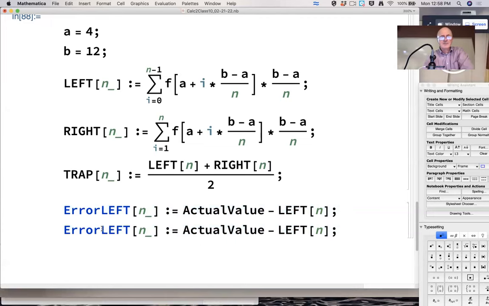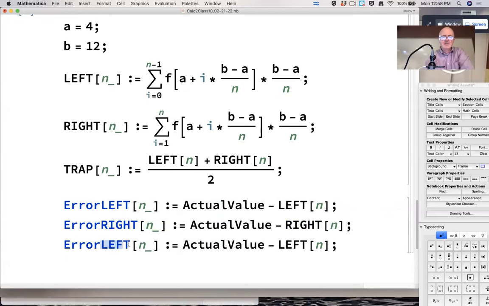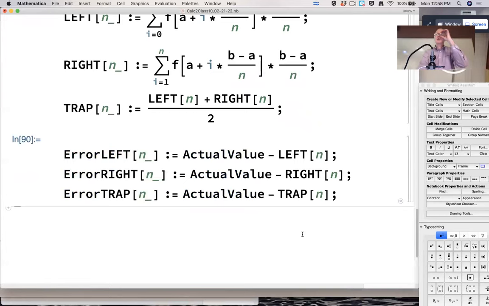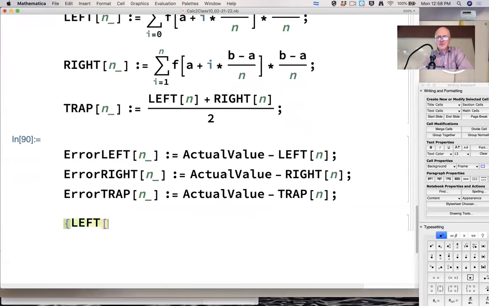For the right-hand rule, change the word left to right here and here. For the trapezoid rule, change the word left to trap here and here. So these are going to define functions that give me the errors for different values of n. Let's see what happens when n equals 2. Let me actually look at the actual approximations themselves first.